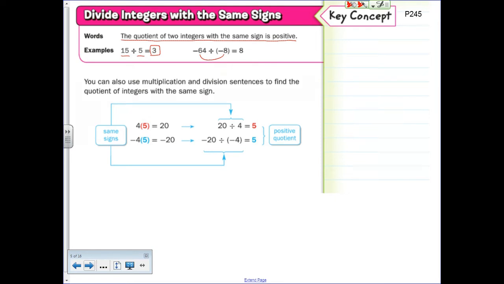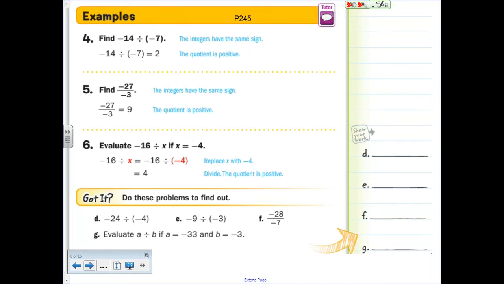They see these negatives and they think the answer has to be negative. But with division, two negatives actually equal a positive. So it doesn't matter if they're both positive and you divide and you get a positive answer, or if they're both negative, you divide, you get a positive answer. So let's look at examples 4, 5, and 6.